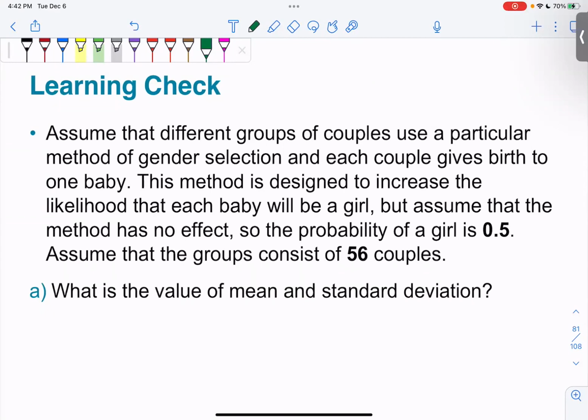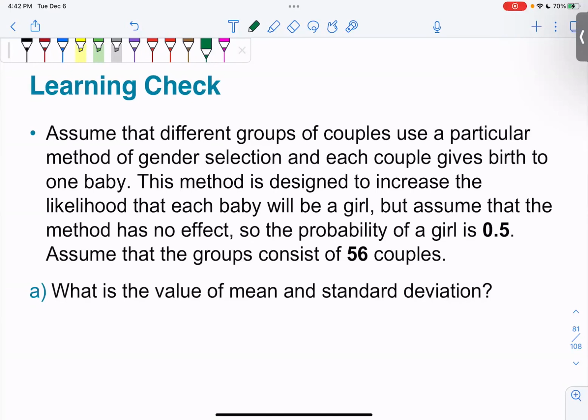Can you look at this example? Assume that different groups of couples use a particular method of gender selection, and each couple gives birth to one baby.